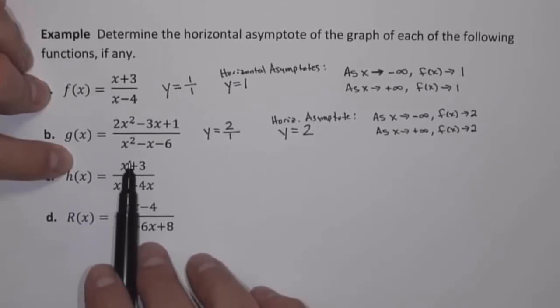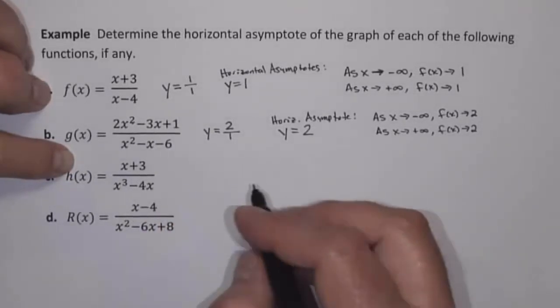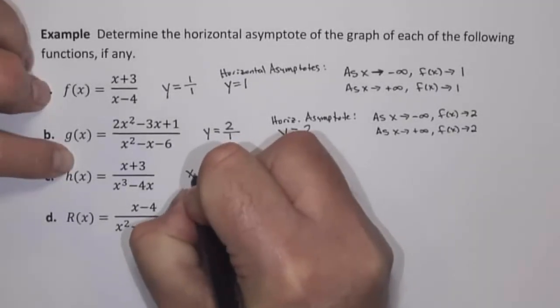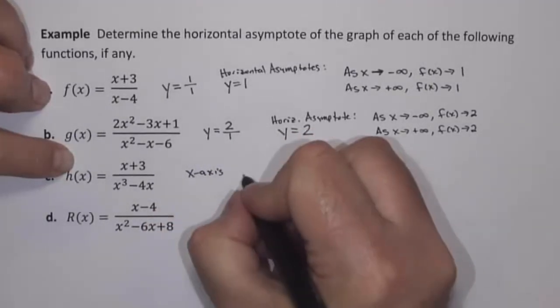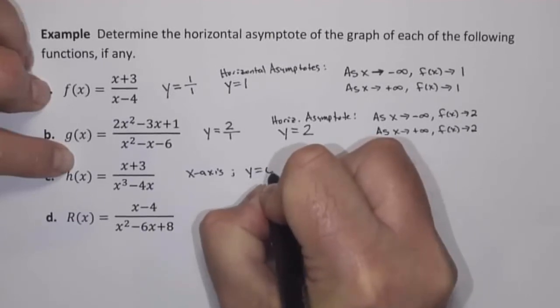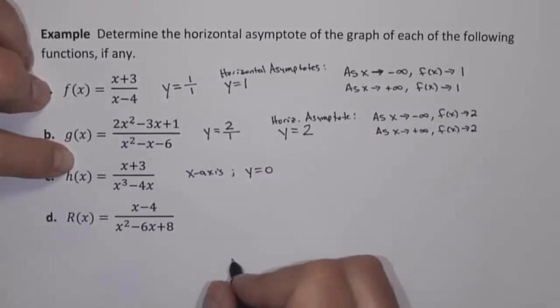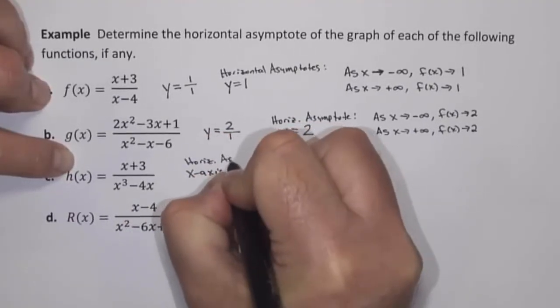The degree of the numerator is smaller than the degree of the denominator. So from our rule, that means that the x-axis is going to be the horizontal asymptote. Or the x-axis we could say is the line y equals 0. That's the same as the x-axis, and that is our horizontal asymptote.